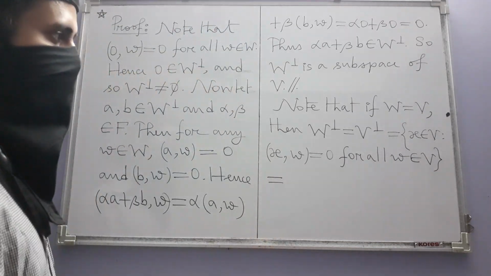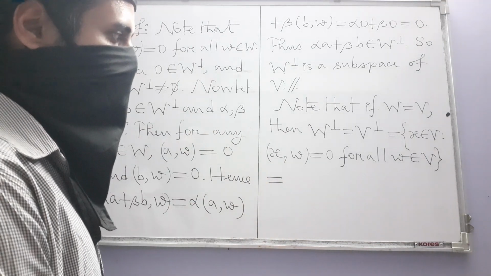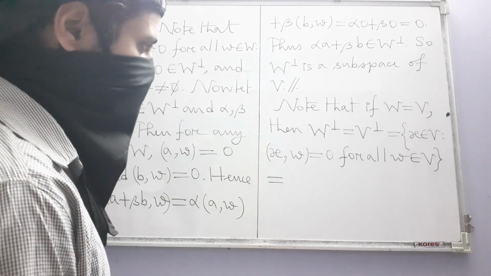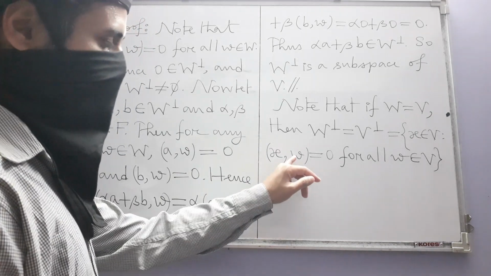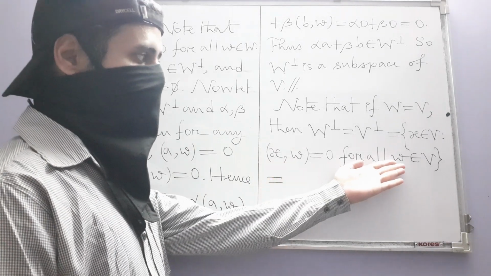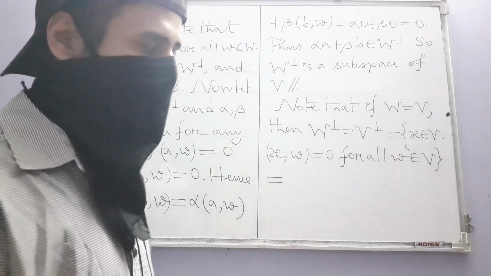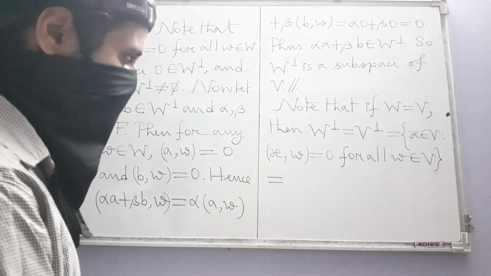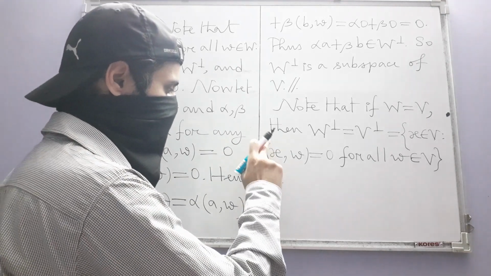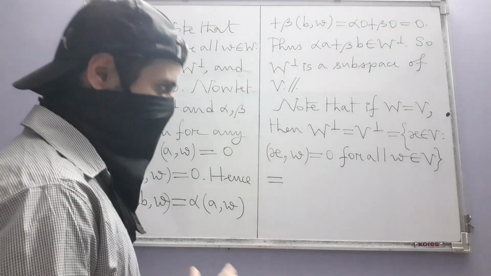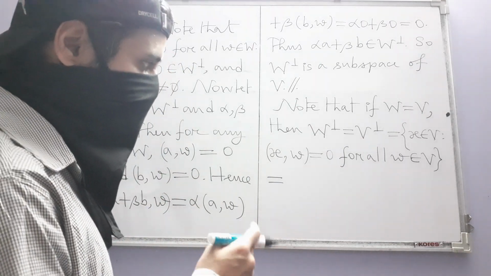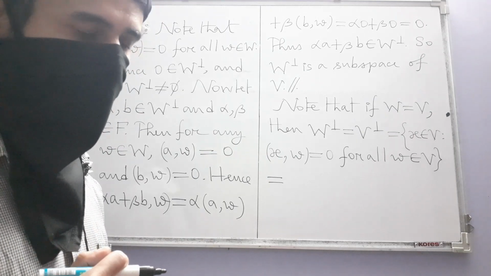So what can we say about such an x? Does this condition tell us something special about x? Note that among all the possibilities for small w, x itself is also a possibility. In other words, the inner product of x and x should also be 0. But that implies that x should itself be the 0 vector.